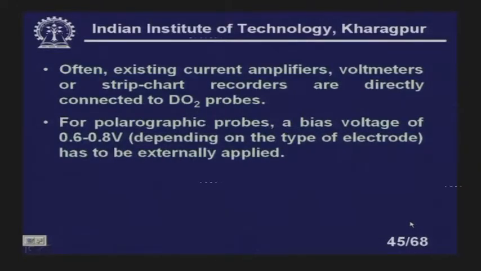Obviously, one thing we may not have mentioned: any DO2 probe must be followed by a current transmitter, because the amount of current you will get directly from the probe is not sufficient to be transmitted.